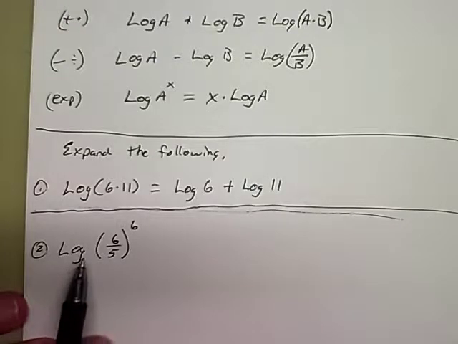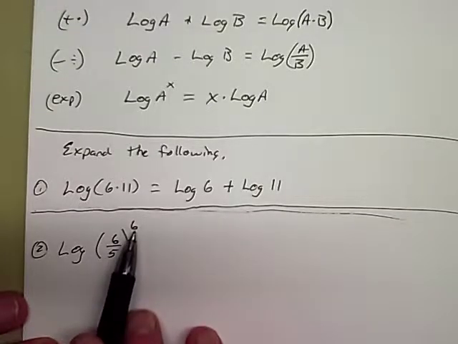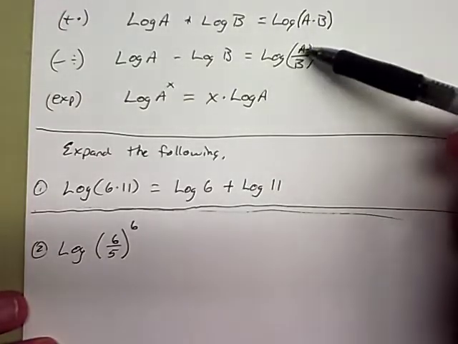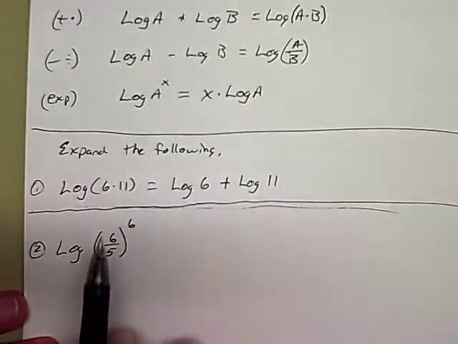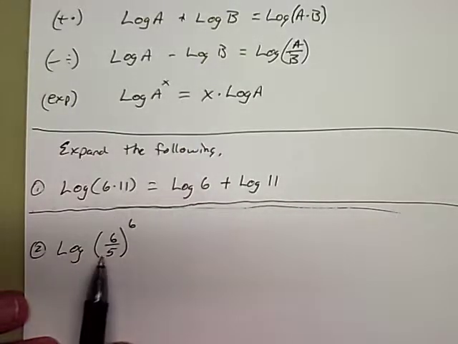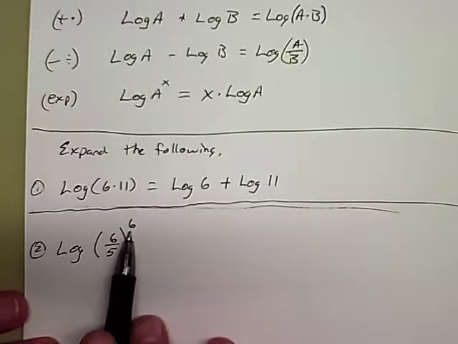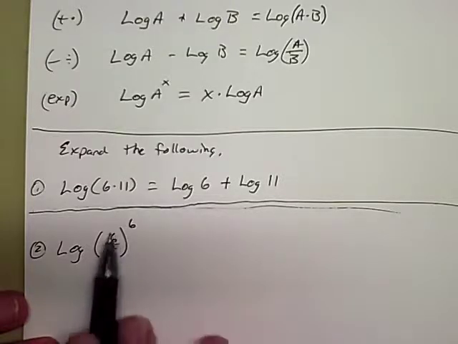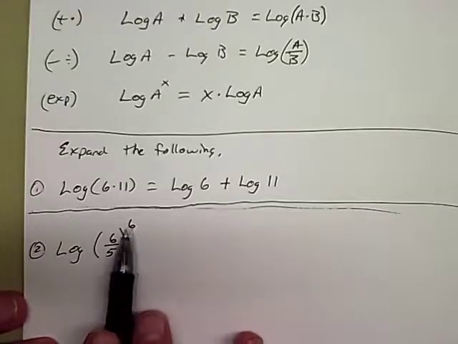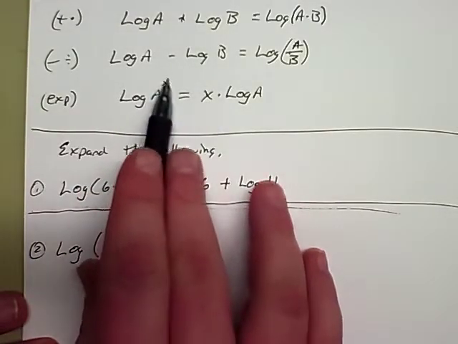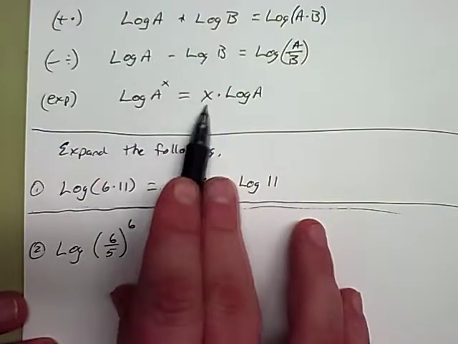When I look at the log of 6 over 5 raised to the 6th power, the first thing I notice is that I have a fraction here, so I should be able to expand this using subtraction. But the problem is that this exponent, the 6, is attached to the whole thing. Since the exponent's on the outside, I'm going to handle it first: log of A raised to the x power. Notice that the x came out front and is multiplied.